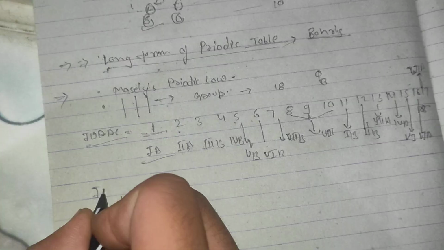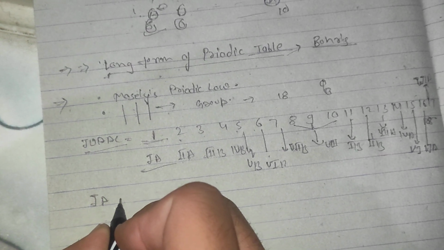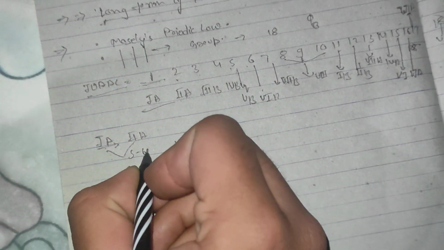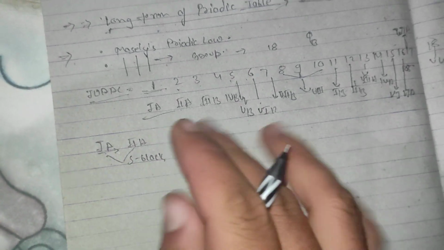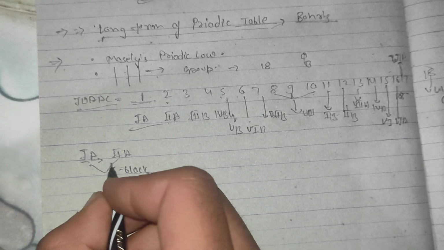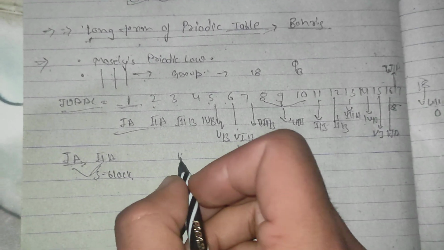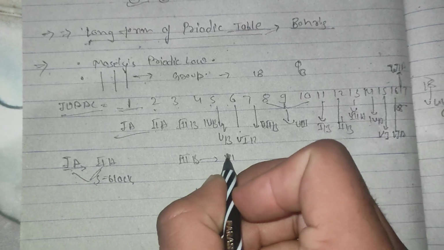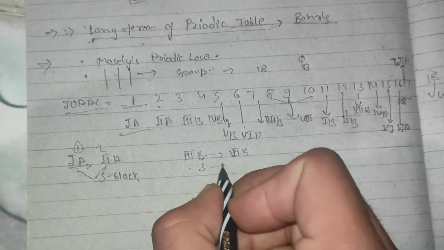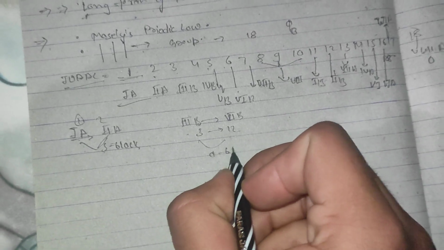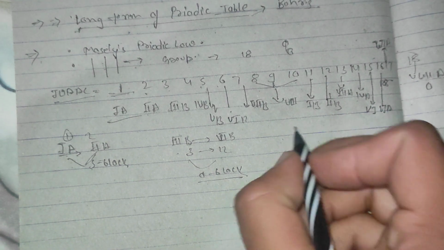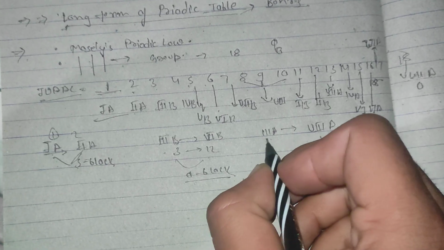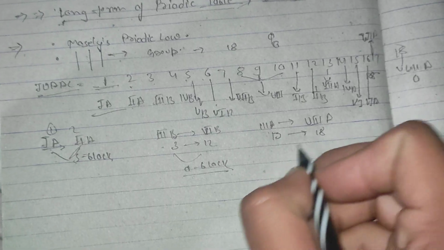The first and second groups are called the s block, because Bohr used the s, p, d, f subshells. Groups 3 to 12, that is third B to second B, are the d block or transition metals, and groups 13 to 18 are the p block.